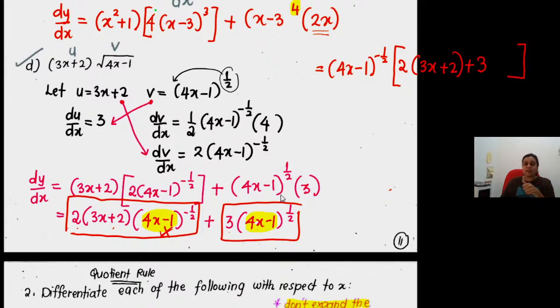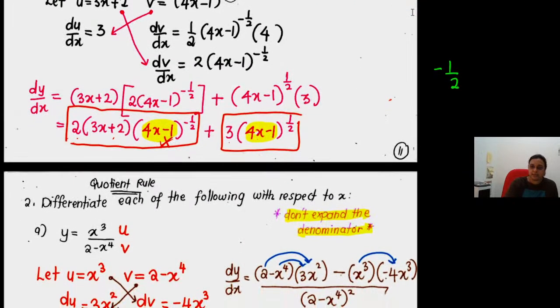4x minus 1 outside got, but the outside one is negative 1 over 2. Here is positive 1 over 2. How do I get the answer so that when I times this in, I will get positive 1 over 2? This is where I think it was confusing, correct? Think of it like this: negative 1 over 2 plus what power will give you positive 1 over 2?